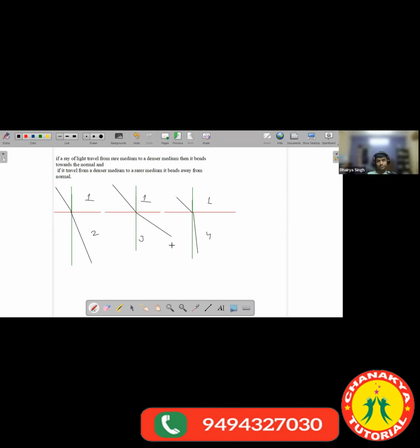And can you say anything about 3 and 4? 4 is denser. So can you compare all of them? Which one is the most dense? 4. And which one is the least dense? 3. Okay. So that means everyone has understood how to draw these diagrams.